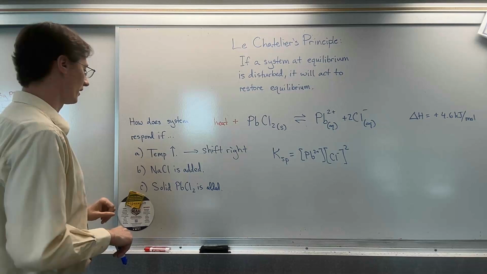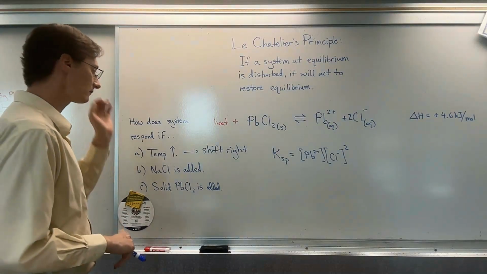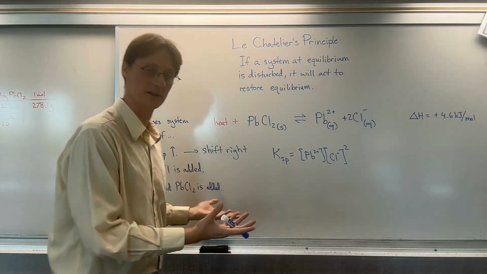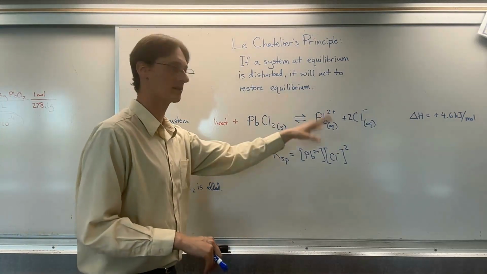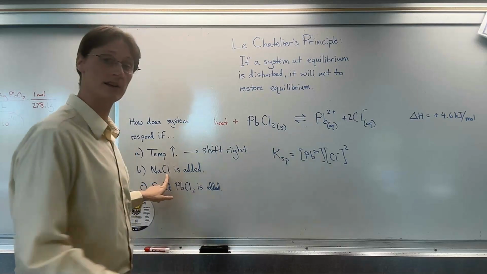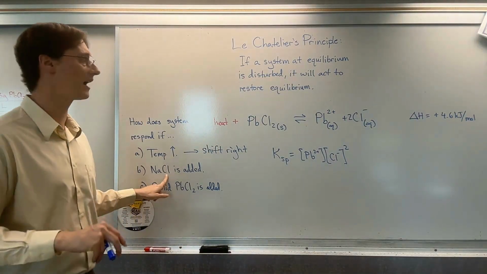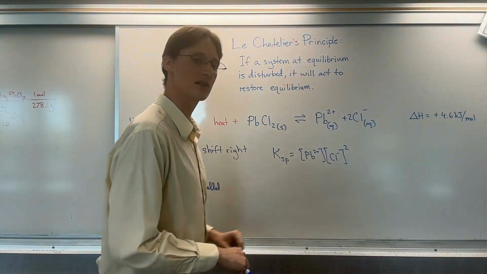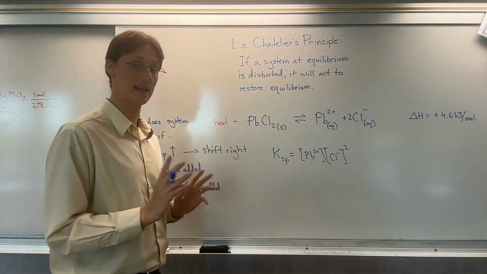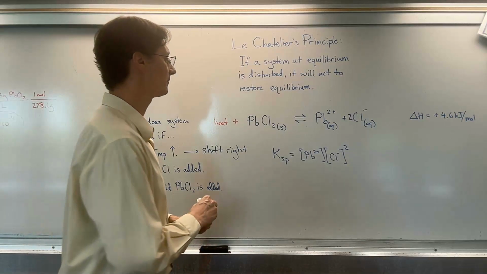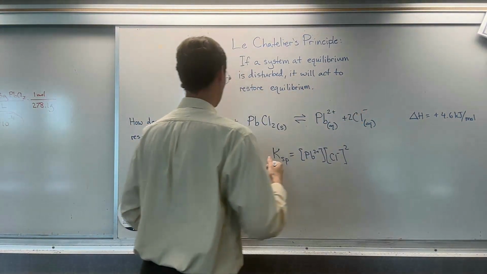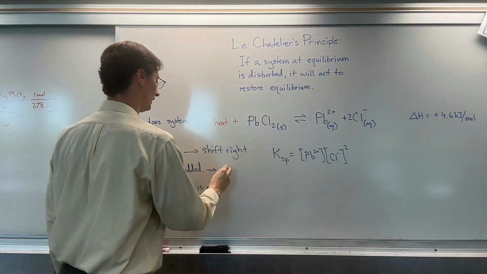All right, second one, NaCl is added to it. Na+ is irrelevant. That's not part of this, okay? On the other hand, the other half of that, the chloride's right here, right? Right there. So if I add more chloride, that is going to disturb the equilibrium. So if I dump in a whole bunch of stuff right here, the reaction is going to shift left.